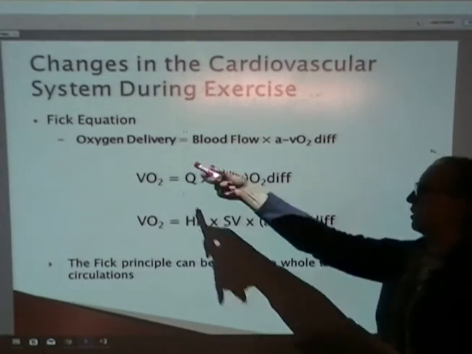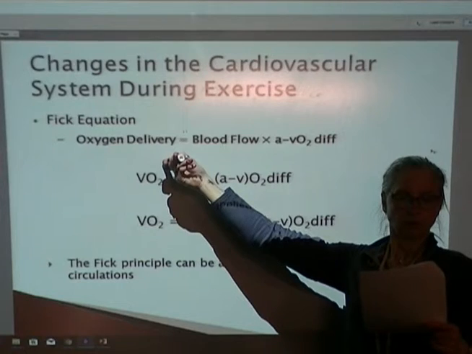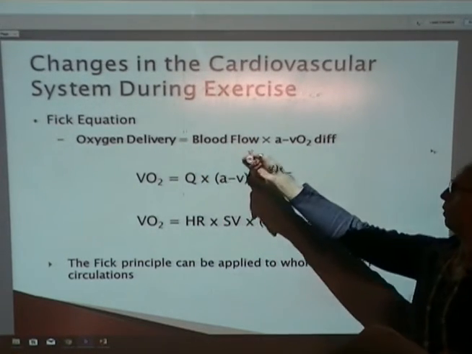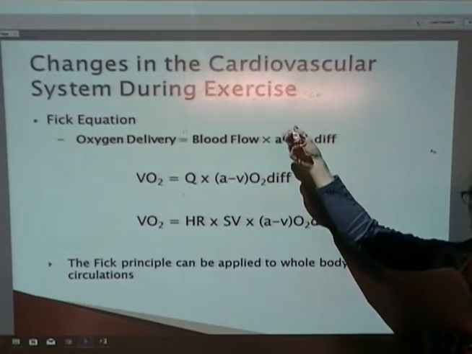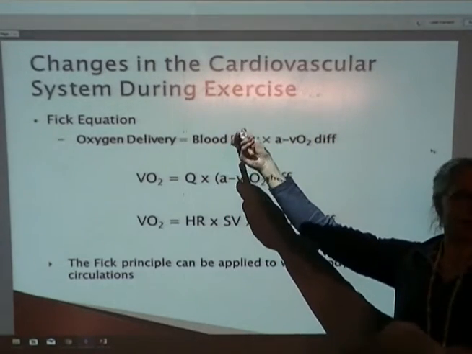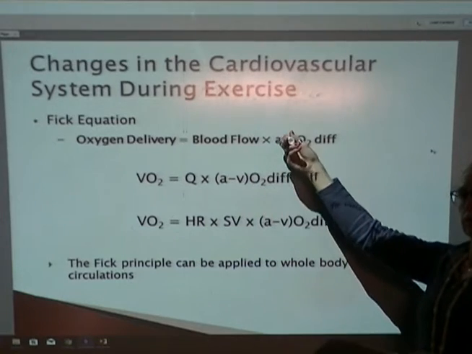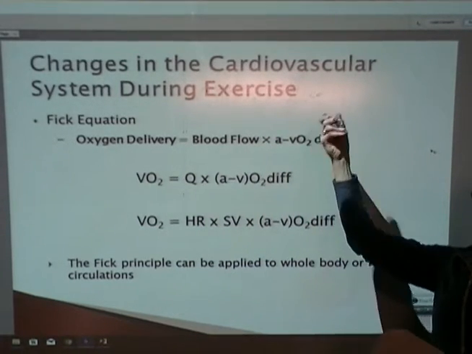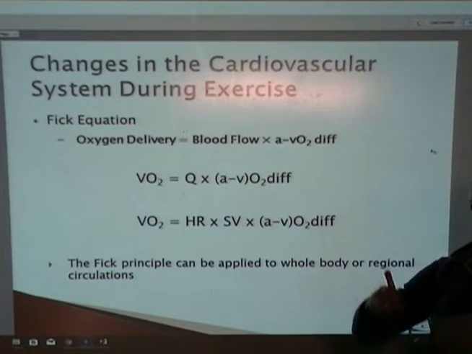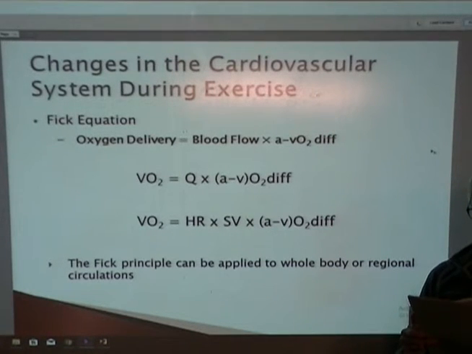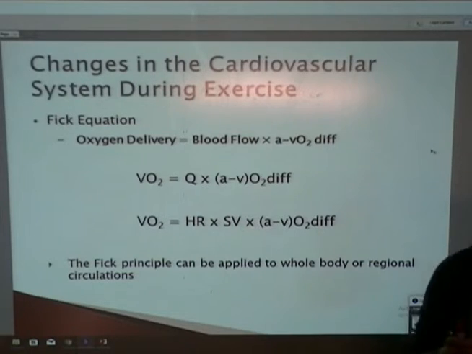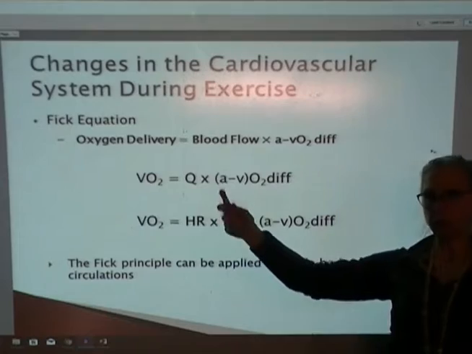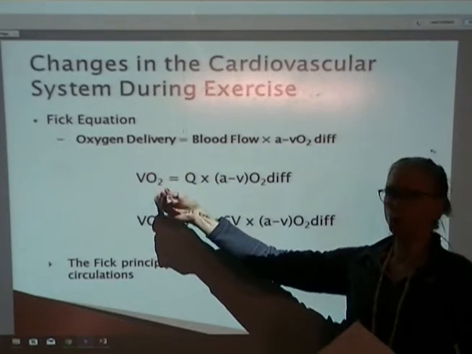So, oxygen delivery is blood flow, how much blood I have, multiplied by AVO2 difference, how much oxygen is removed. So, oxygen consumption, oxygen delivery, we call VO2.